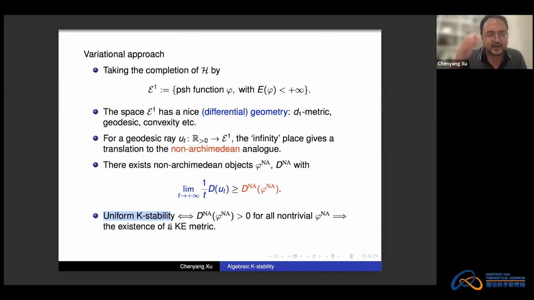But the main difference is that now, instead of the positivity of the Futaki invariant, which you can think of as an analog of a smooth function on the algebraic side, you have to assume the positivity on a larger space, this non-Archimedean space.